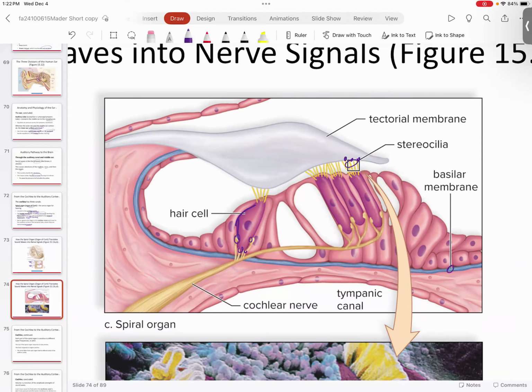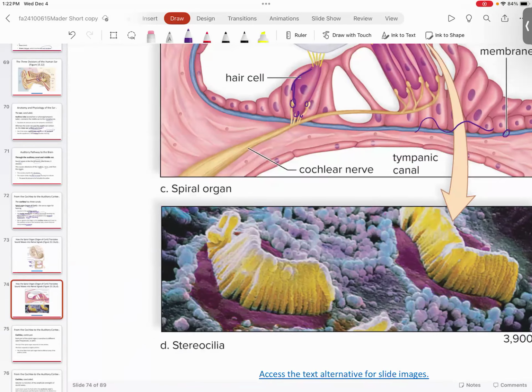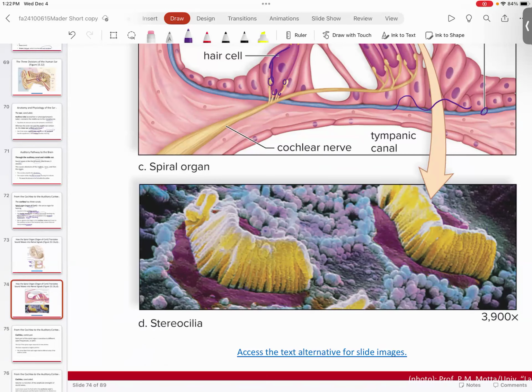And so what happens is when the basilar membrane moves and distorts, it'll ripple and undulate. It's going to shift and cause these two to move around. So basically the two are going to be moving around relative to each other, and that's going to be causing these stereocilial hairs to bend, and that activates the neuroreceptor. And this is actually what they look like. So here's the actual stereocilia of the hair cells. That's actually an electron micrograph.